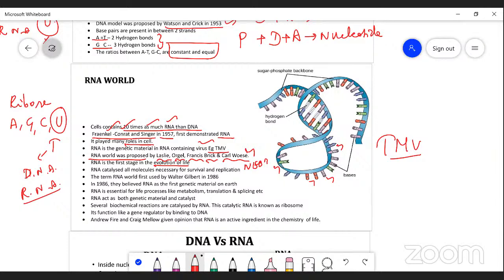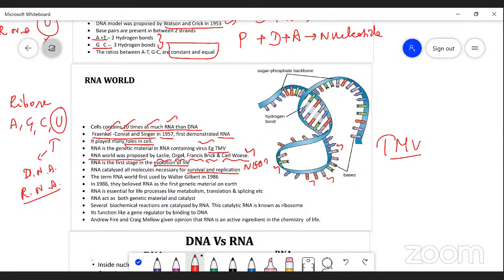RNA catalyzes all molecules necessary for survival as well as replication. If one cell wants to live in this world and wants to multiply, then the cell especially needs the RNA. The RNA only catalyzes all the molecules necessary for survival as well as replication. Survival means living. Replication is dividing.